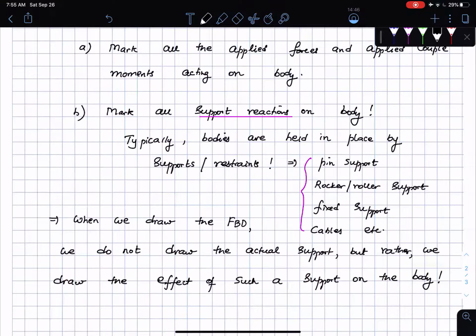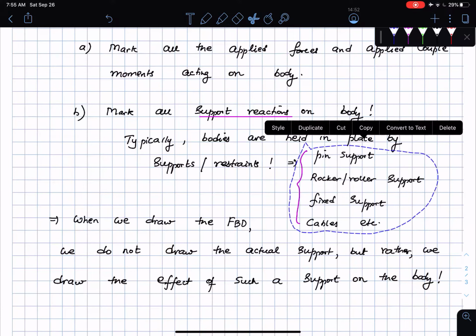I hope this makes sense to everybody. And of course, once we solve some problems, you will see that this makes a little more sense.